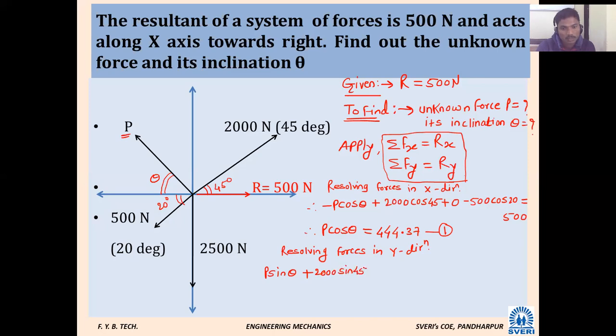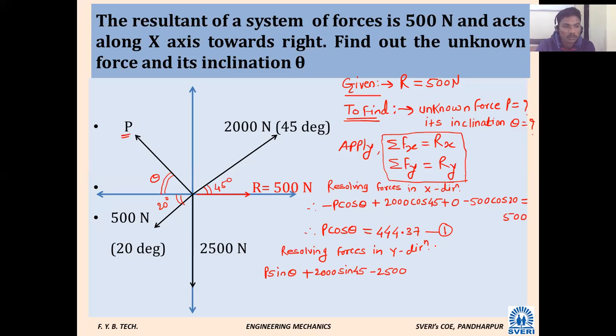For the 2500 force, what will be the component? Minus 2500. Is there any question of sin and cos here? No, sir, it is vertically downward. That's why negative.